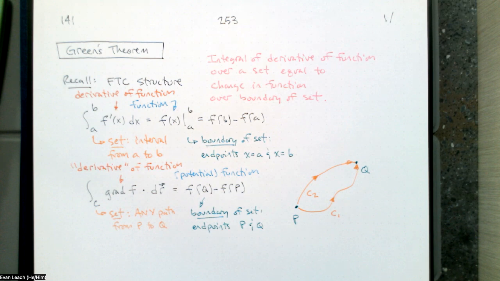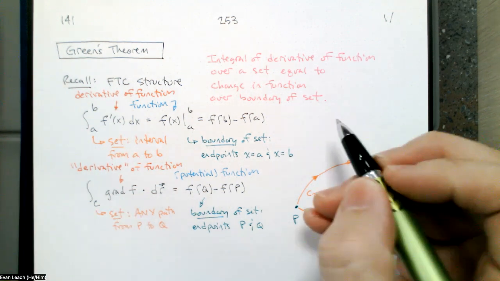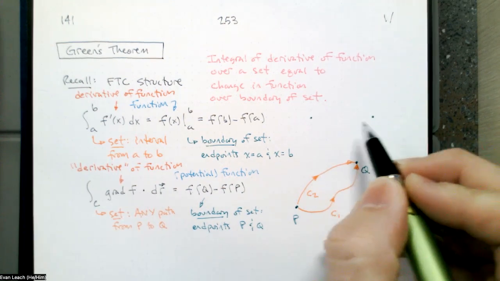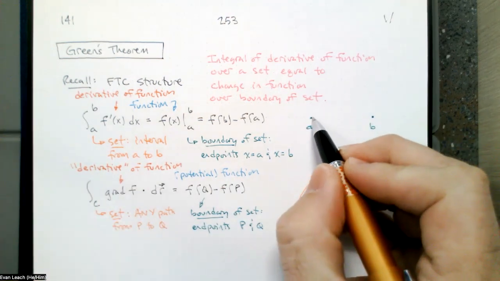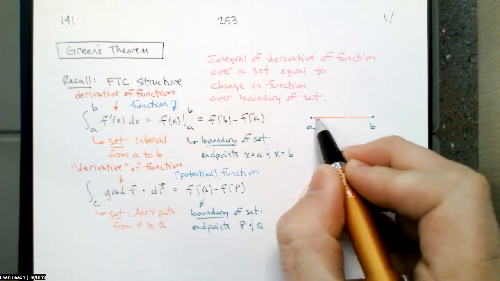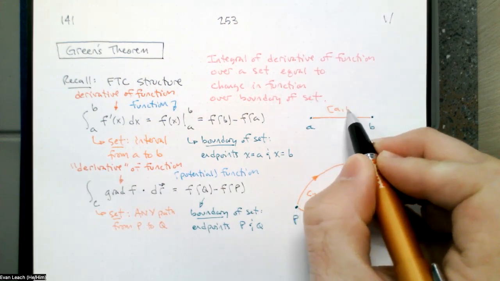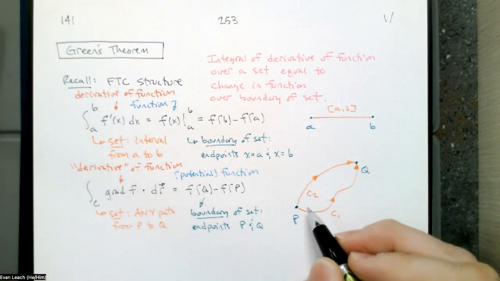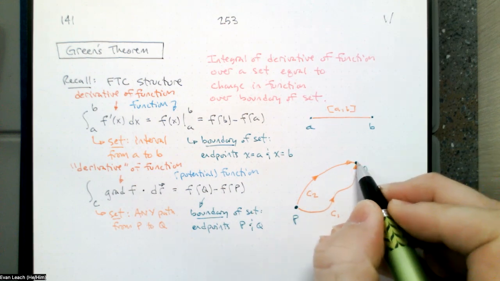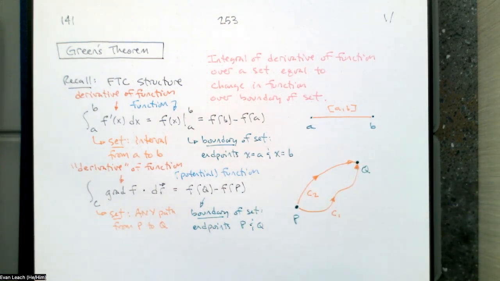This is just a curvy version of our original fundamental theorem of calculus. Our original fundamental theorem of calculus started at A and ended at B, and because we only had one variable, we really couldn't do anything other than make an interval. There's only one way to get from A to B. But in a plane, there are uncountably infinite ways to get from point P to point Q. And in a gradient field, it doesn't matter which one we take.